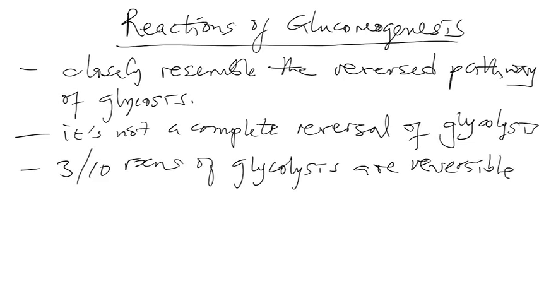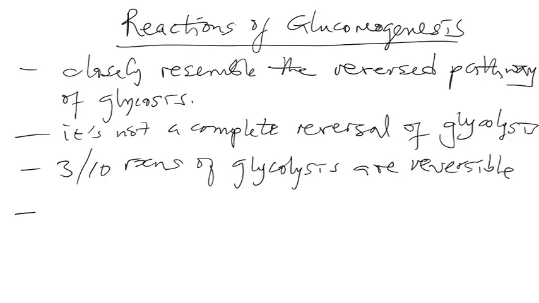So to be able to make them work, then we need another enzyme to act other than the ones that we are using under glycolysis. So we are going to look at the reactions under glycolysis, and then look at the reactions under gluconeogenesis as they occur.